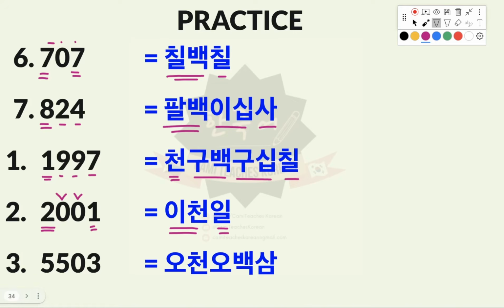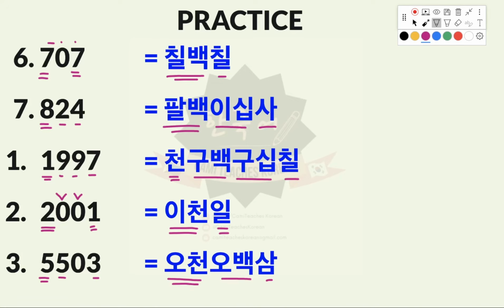And last, 5,503. Always start with the largest number, largest digit. 5,000. Next, 500. And our last digit, 3. 5,503. Were you able to get 10 out of 10?